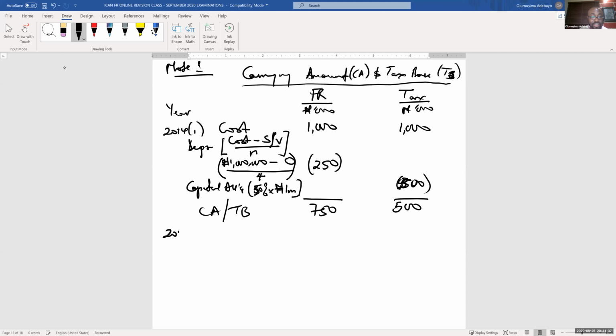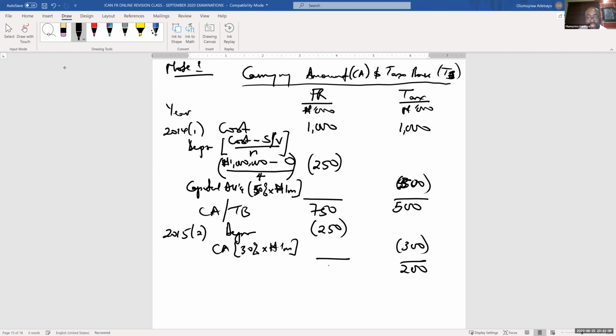In the second year, the depreciation will remain the same because it's the straight line method. While capital allowance, we are told, is 30% in the second year. And that gives us what? 300. Invariably, my tax base is 200. My carrying amount is 500.